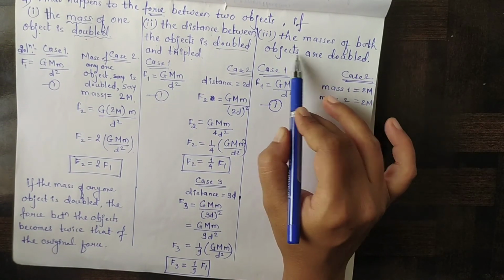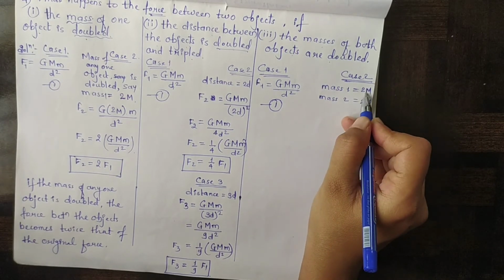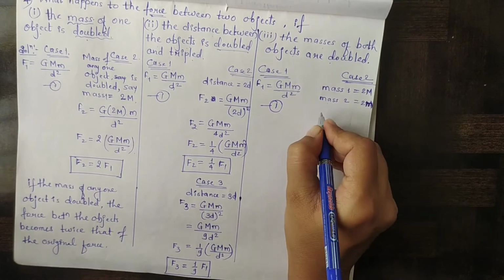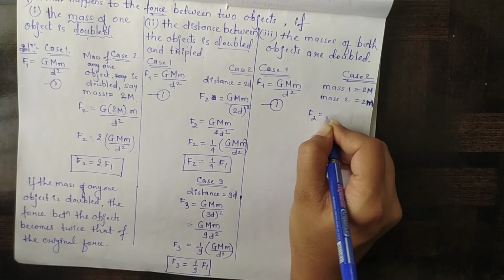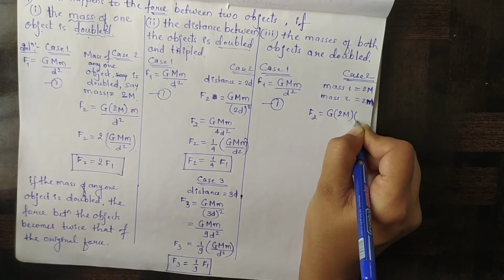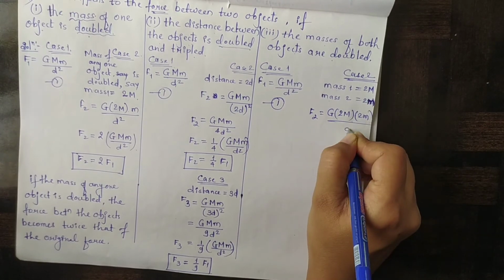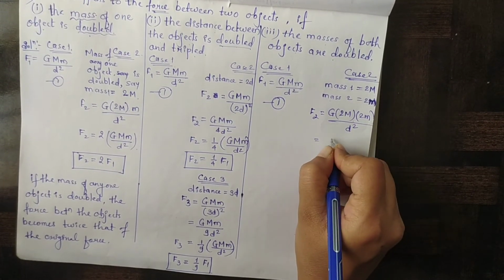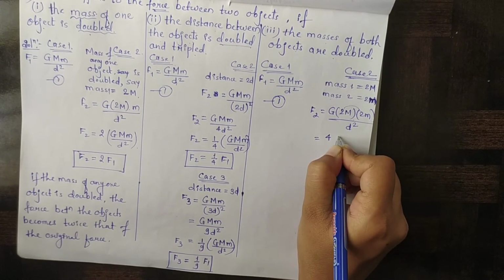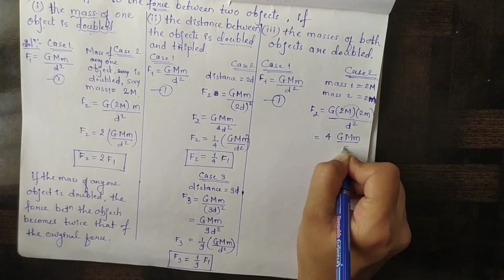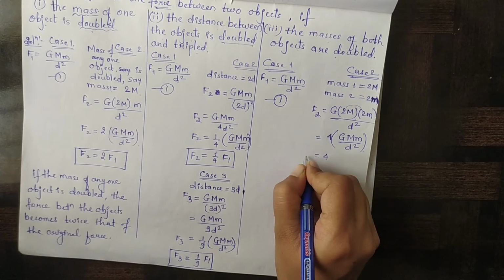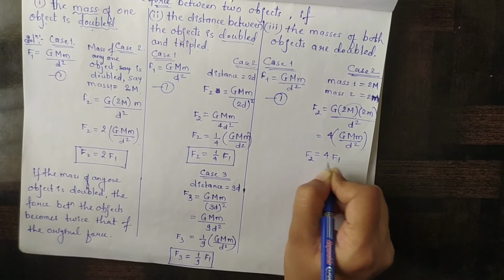The masses of both objects are doubled, so mass 1 will be doubled, mass 2 will be doubled. Sorry, this is small m. So the force F2 here will be equal to G into twice M into twice m upon D square. Solving this, 2 into 2 gets multiplied, we get 4 into G M m upon D square, and this complete is F1. So F2 is equal to 4 times F1.